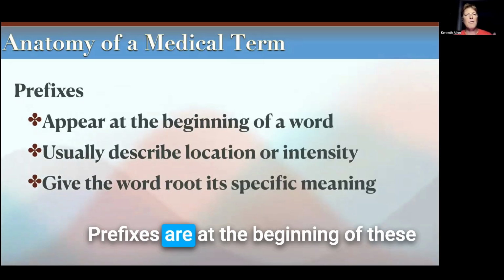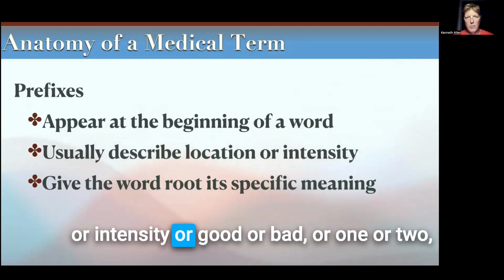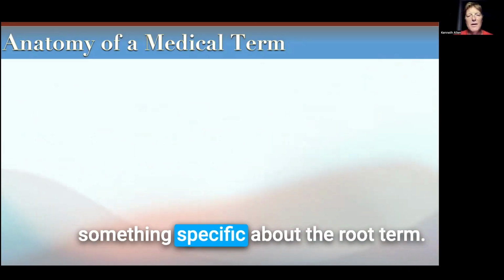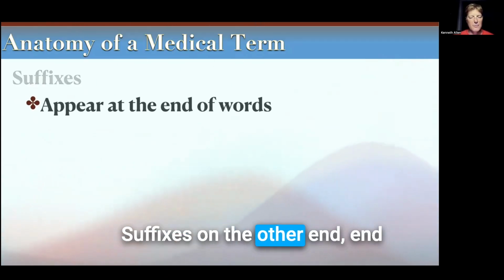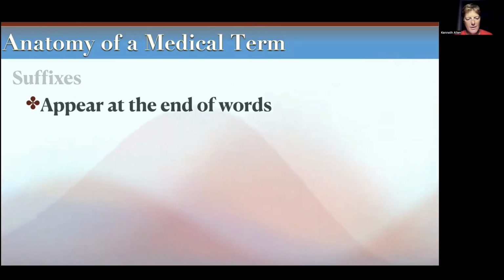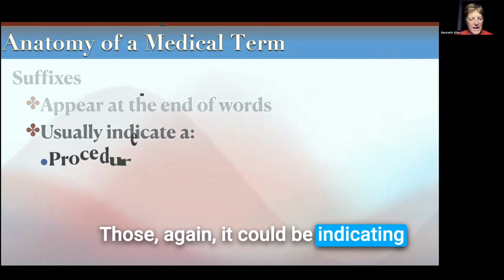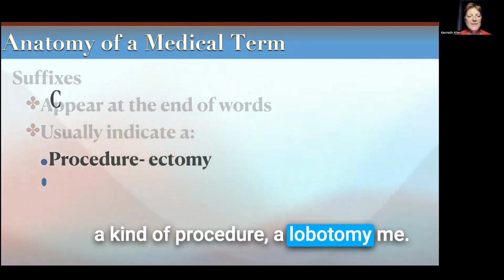Prefixes are at the beginning of these words. So they usually describe location or intensity or good or bad or one or two, something specific about the root term. Suffixes are on the back end of the word. And in those, again, it could be indicating a kind of procedure, a lobotomy, an ectomy.